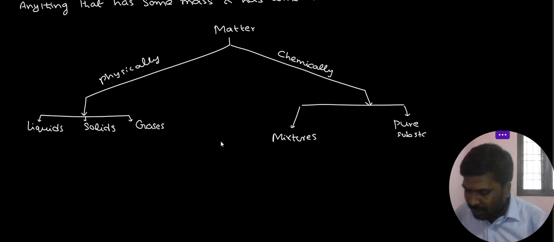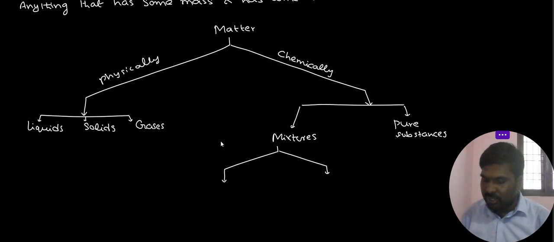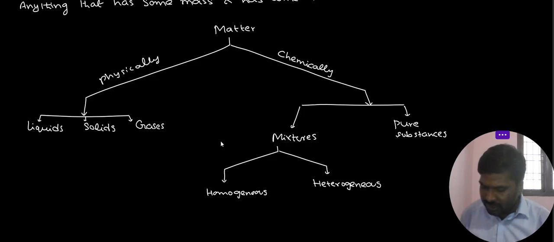Mixtures are again of two types: homogeneous mixtures and heterogeneous mixtures. So this is the classification of matter. Physically classified as liquids, solids, gases. Chemically classified as mixtures, pure substances. Again mixtures are classified as homogeneous, heterogeneous.